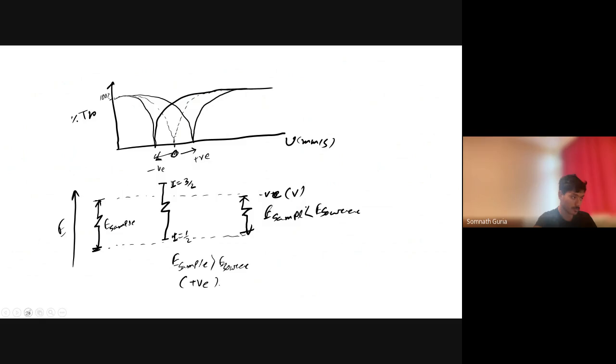So the major point is that the higher the d electron density, the less negative will be the delta value, less negative delta value.